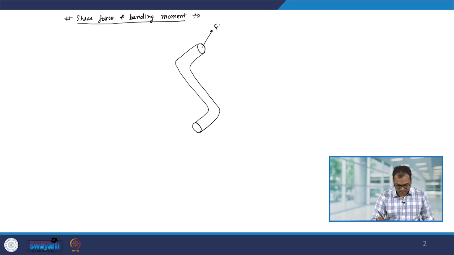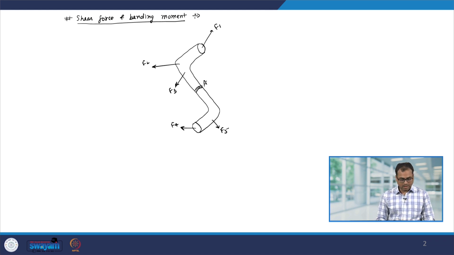Let us say this is F1, F2, F3, F4 and F5. These are the external forces, and let us say we want to determine the forces that are acting at a particular area of this bar. Let us say this is the cross section, and this cross section has an area of A.